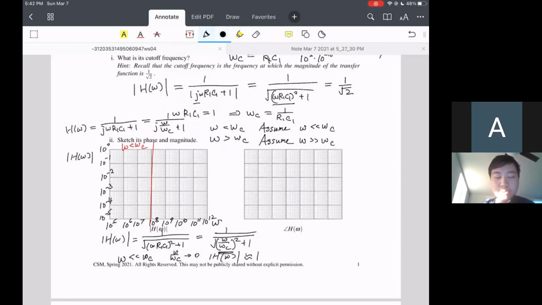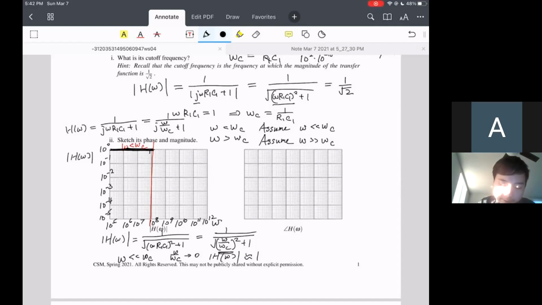So when omega is way less than omega c, the magnitude is close to 1, which is 10 to the 0. So we draw this line.